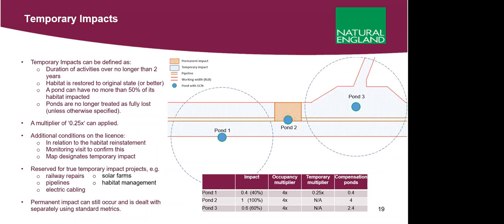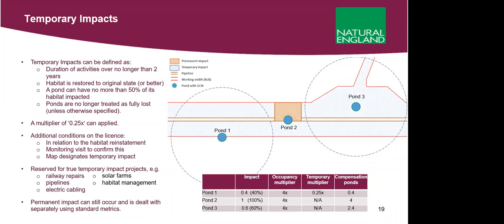Habitat must be restored to its original state or better. A pond cannot have more than 50% of its terrestrial habitat impacted at any one time, otherwise we will treat it as permanent loss. And ponds within the red line boundary aren't treated as fully lost anymore, and we would account for proportional habitat because, as you can see on the right, a lot of these temporary schemes are quite linear in nature, and a pond within the red line boundary isn't actually getting impacted significantly in some cases.